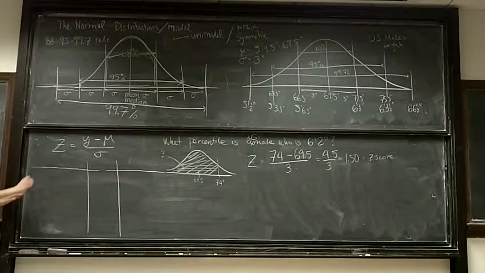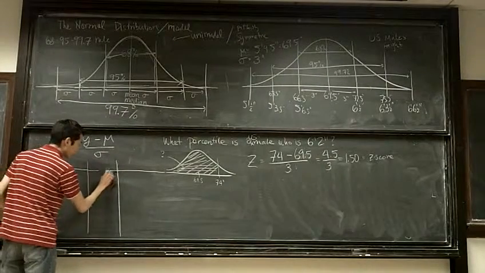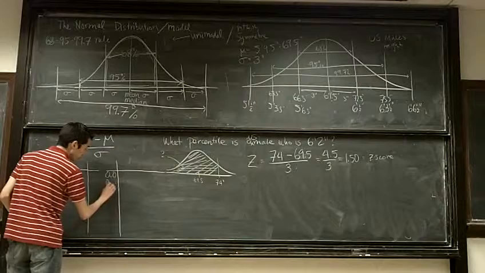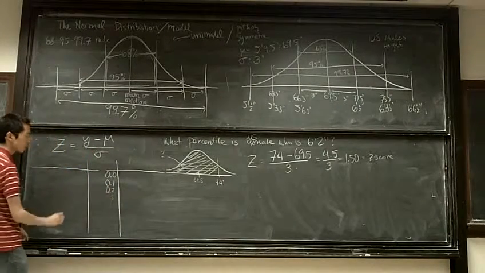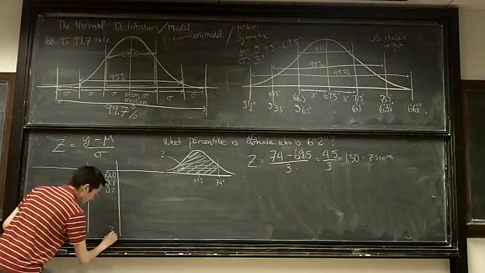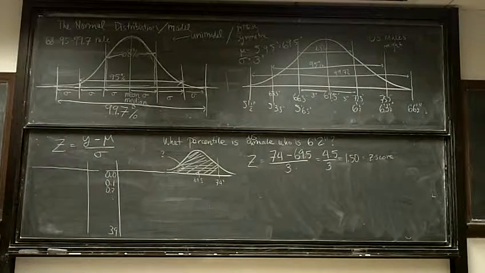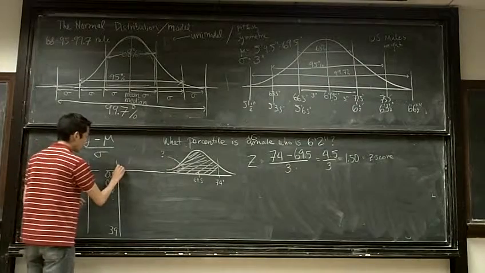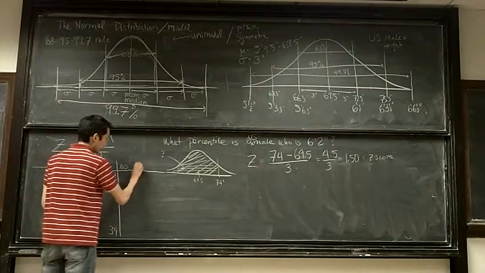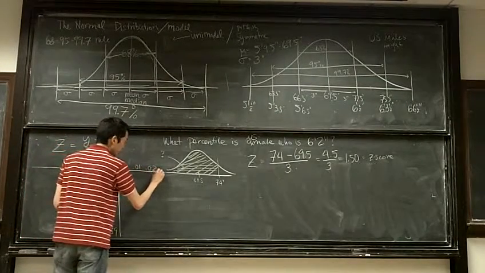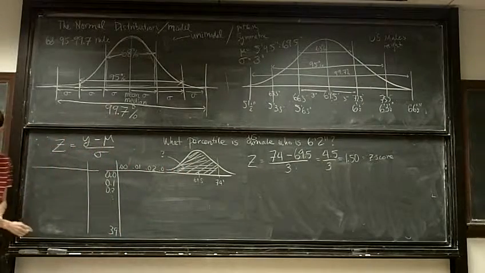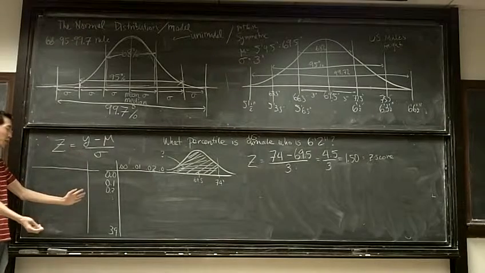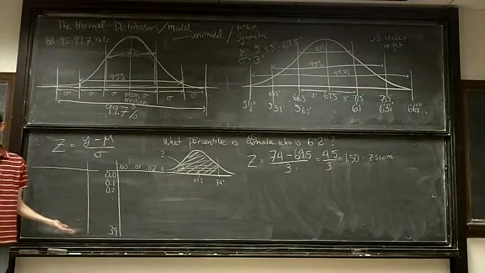You've got numbers along here, and it starts off at 0.0, 0.1, 0.2, so on and so forth, okay? All the way down to 3.9 or something like that. Okay, and across the top you have 0.00, 0.01, 0.02, all the way over to 0.09, okay? So I have to take a break and talk about how to use this z-table, okay?